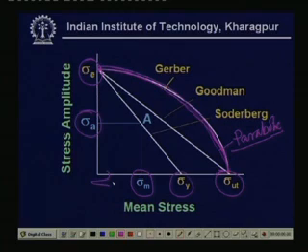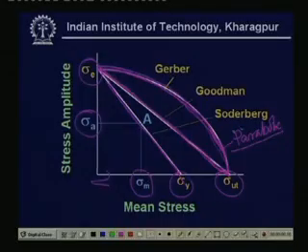So, whenever you have an equation relating to these lines, all these equations will represent a design consideration.